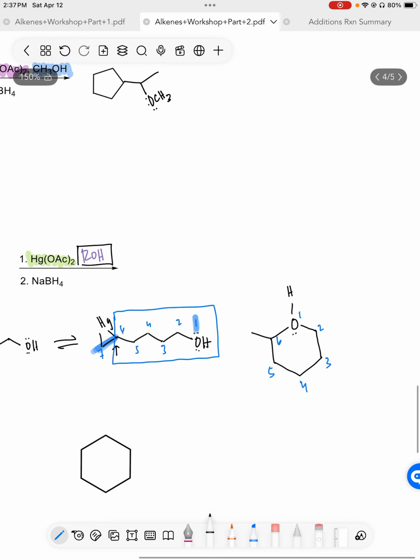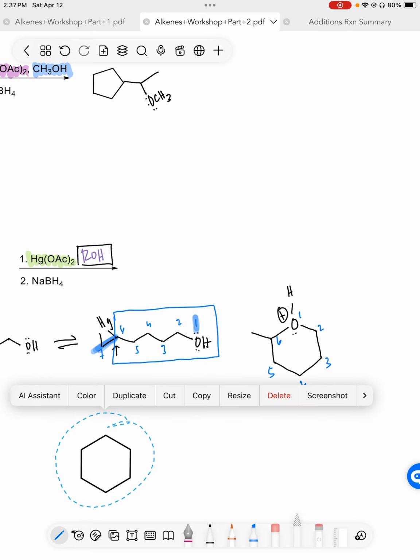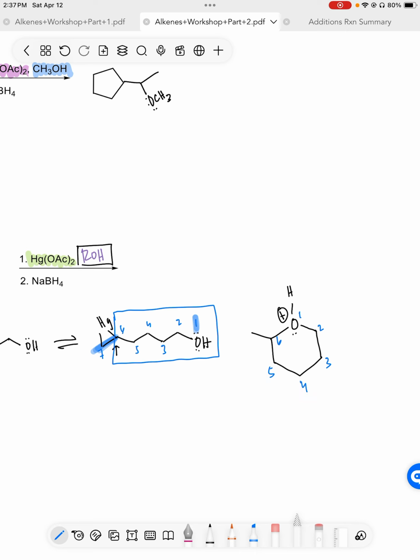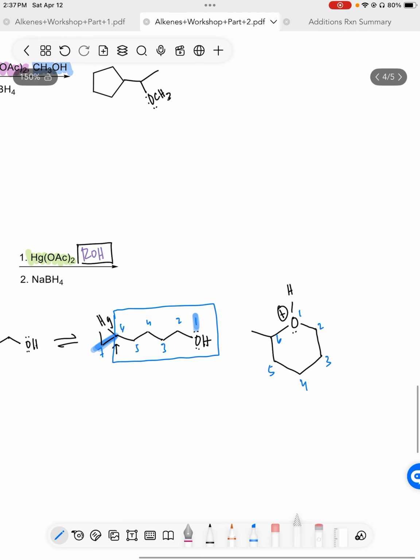All right, so if you were to do your formal charge, you would see that that oxygen now has a plus on him. We know that he doesn't want a plus on him. So it's just as before when our alcohol first acted as a nucleophile, then it acted as a Bronsted base, the same thing happens here, except that it's the HgOAc that does the deprotonating.